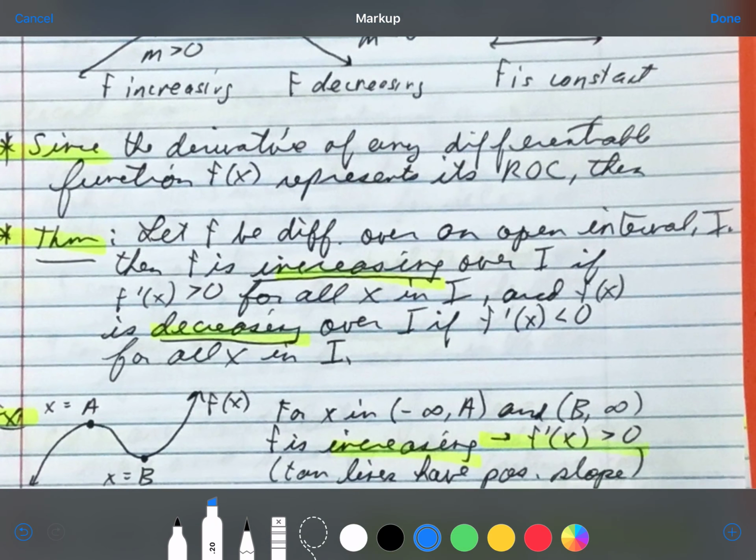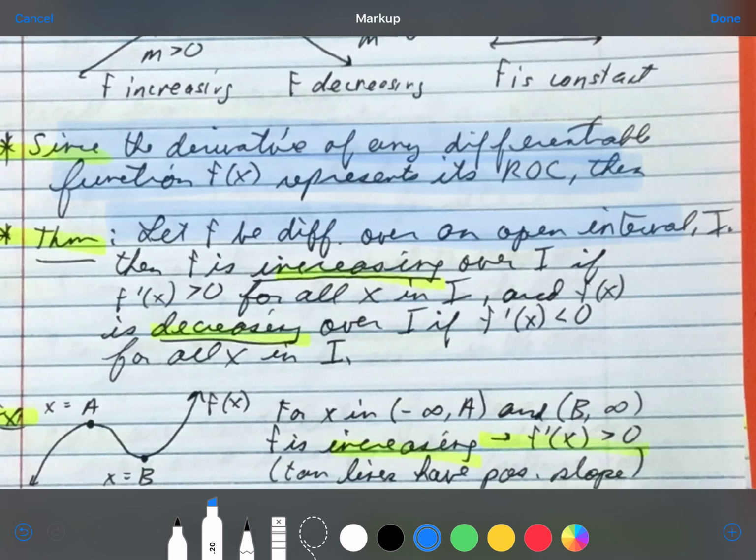Right? And since the derivative of any differentiable function represents the rate of change, then we have the following theorem that we can apply to any function. We can let f be differentiable over an open interval I. Then f is increasing over that interval if our derivative is positive.